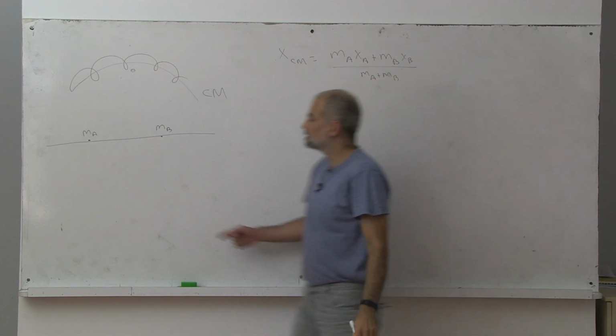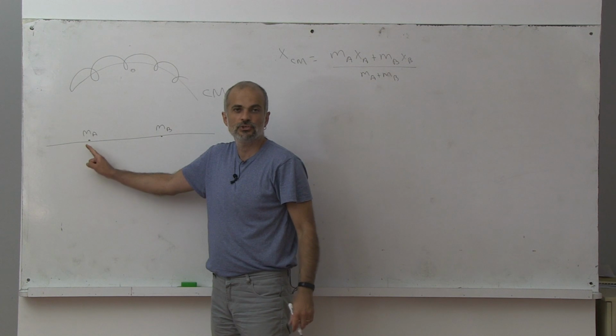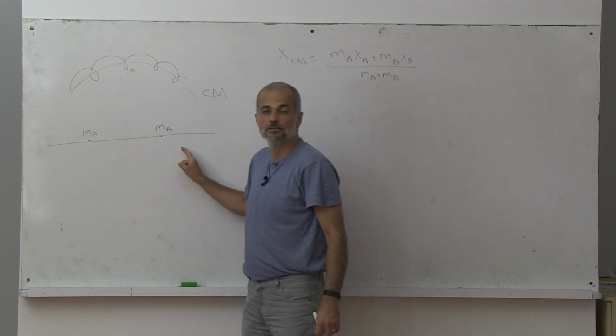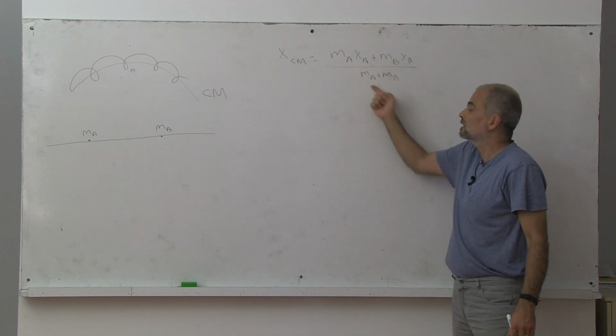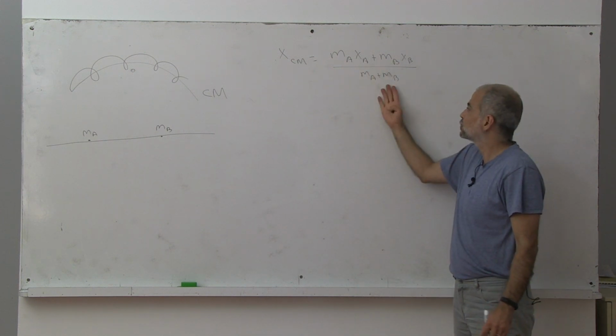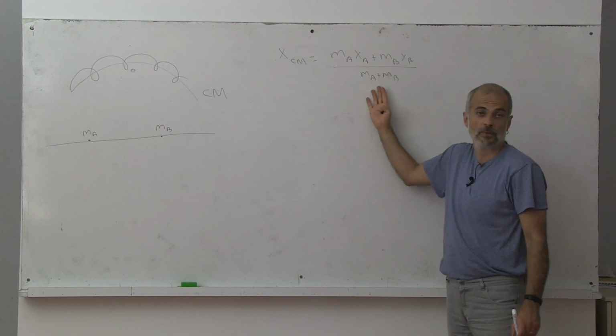You just take the mass, multiply by the position of that mass, and add this product for all the masses. In this case, we have just two, and divide by the total mass. So this tells us where the center of mass is.